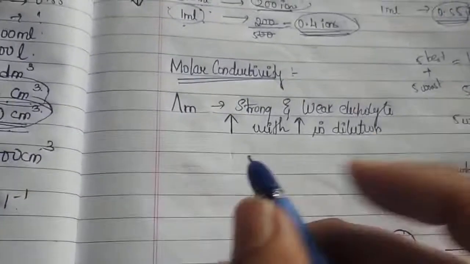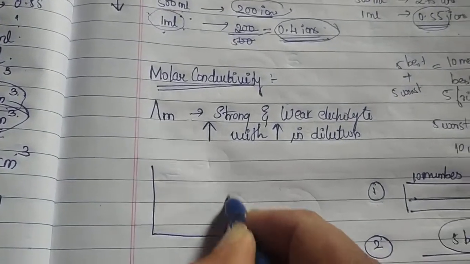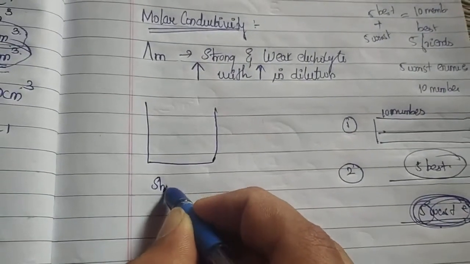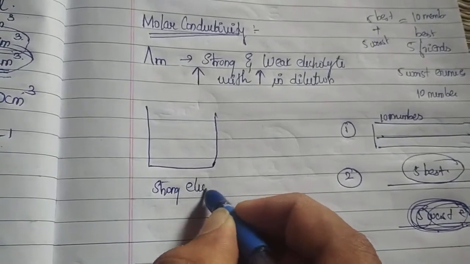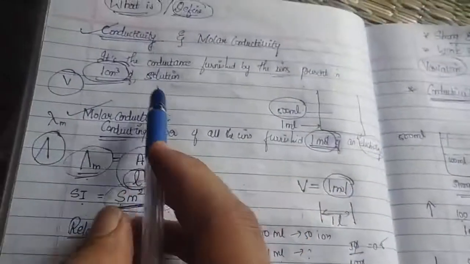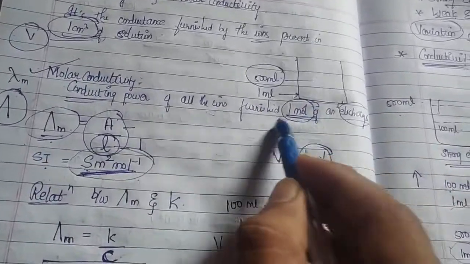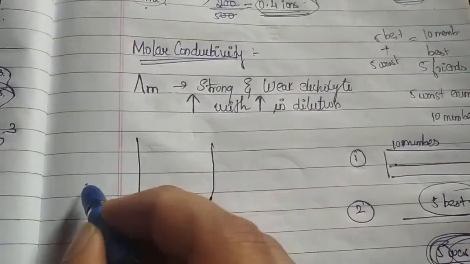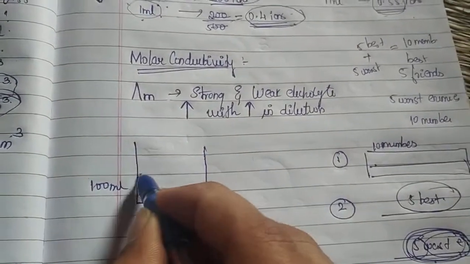Why is it so? Let me consider a strong electrolyte. Of course, you remember molar conductivity means we have to check for 1 mole of an electrolyte. So in 100 ml, consider that you have used 1 mole of KCl.